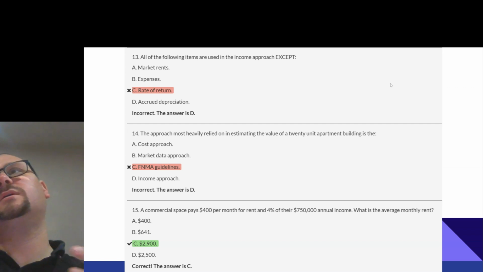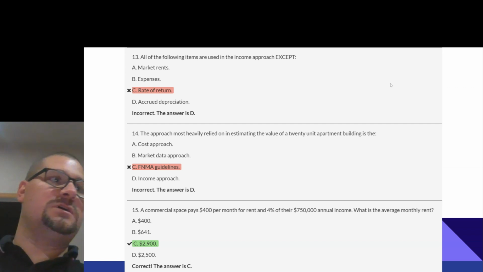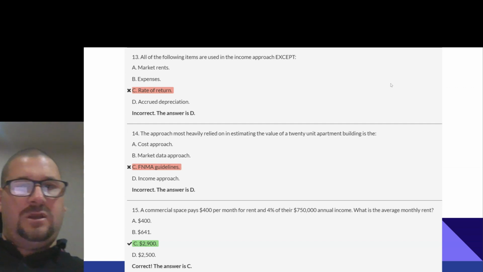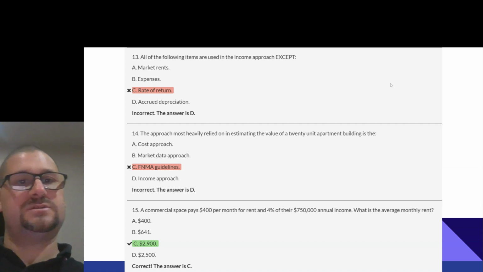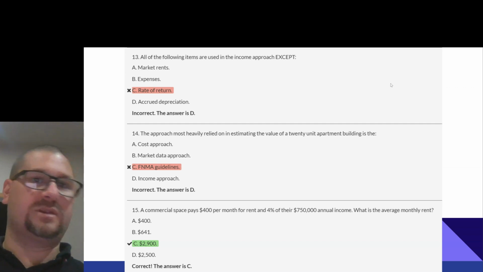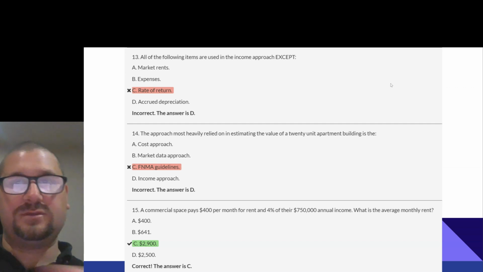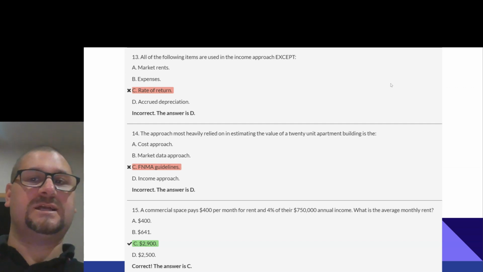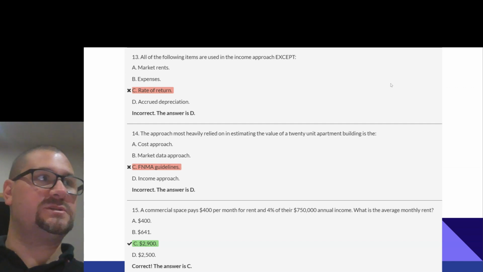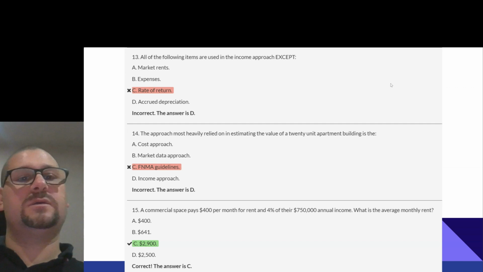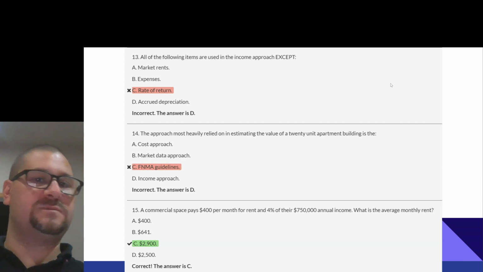Apartments bring income. Any type of office building, like a dental office building, is used to generate income, right? So you use the income approach, which goes off of market rents, expenses, and the rate of return. They do not use accrued depreciation. Income approach is based on apartments or office buildings.